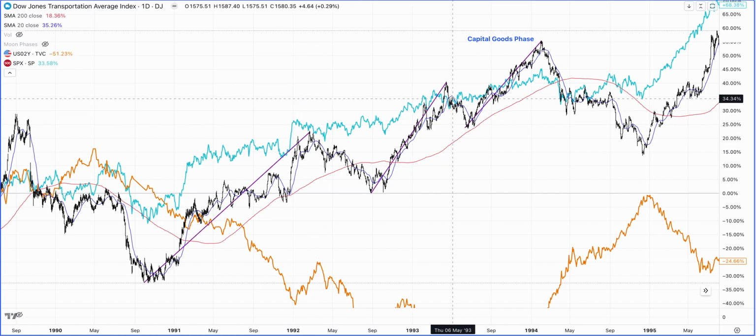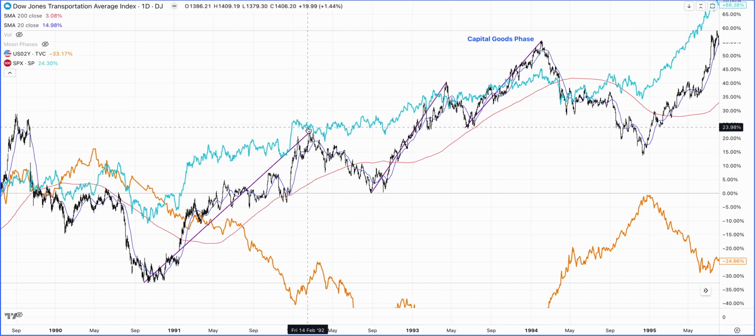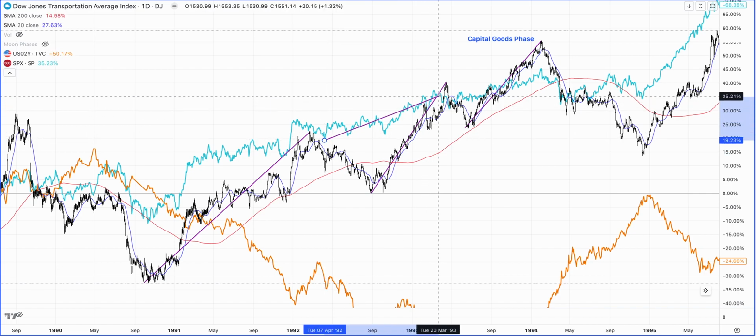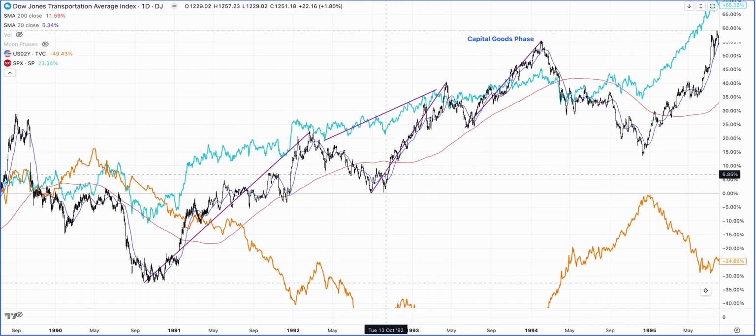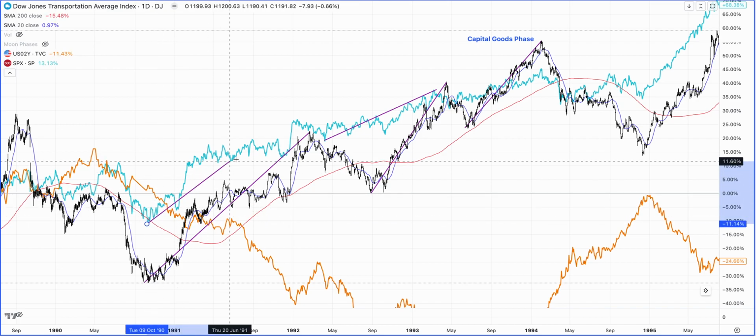Then if you look at this, it's more evident in the actual S&P 500 index than in transportation. If we look at the angle at which it ascended, it's not the same angle that we have in transportation, and it's not the same kind of angle that we have here for the broader index.